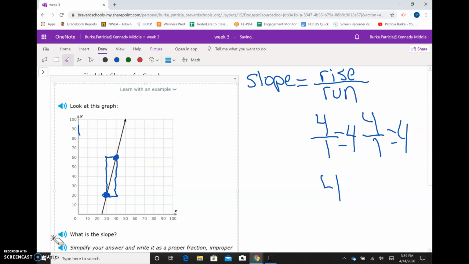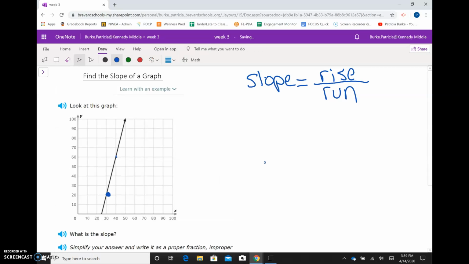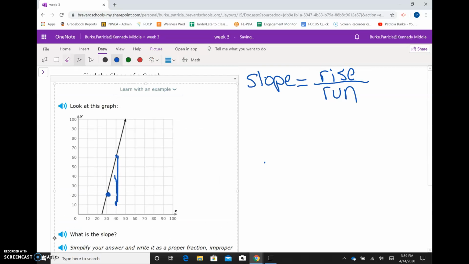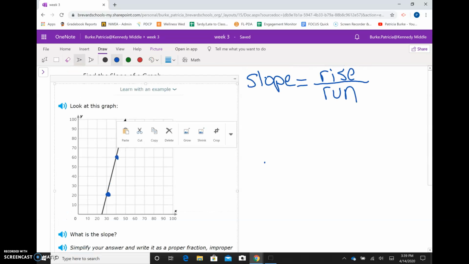So let's do that again. Let me show that to you one more time. We are doing rise over run. We have our starting point here, and we have our ending point right there.